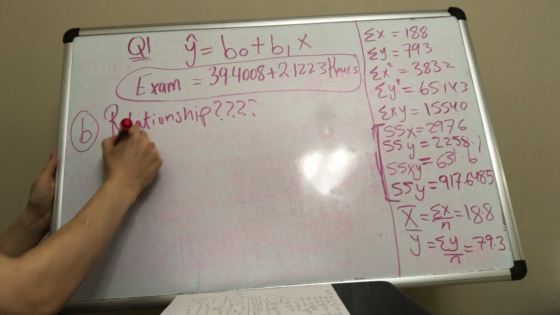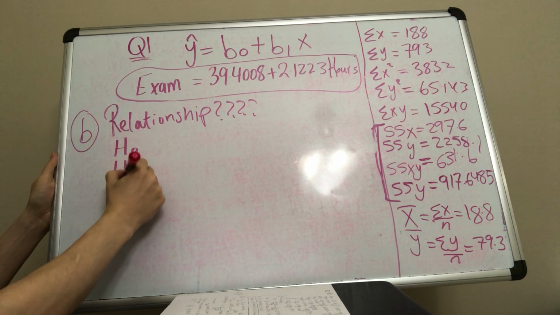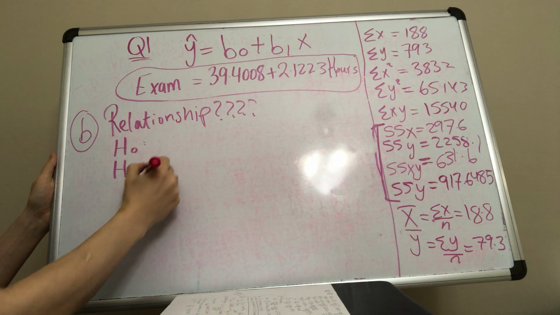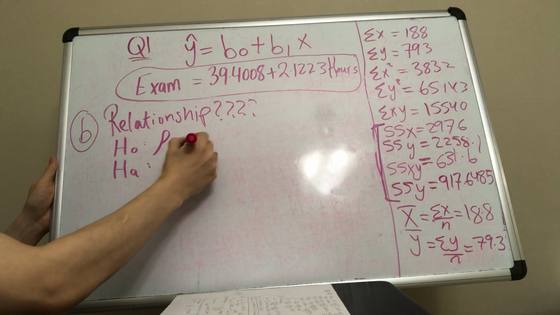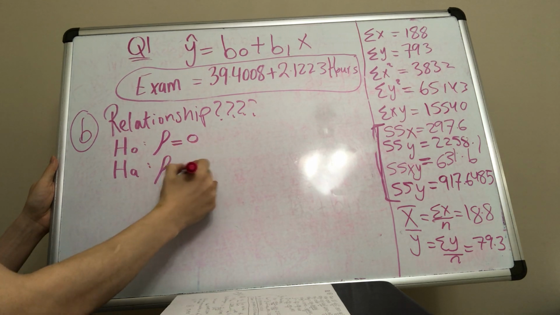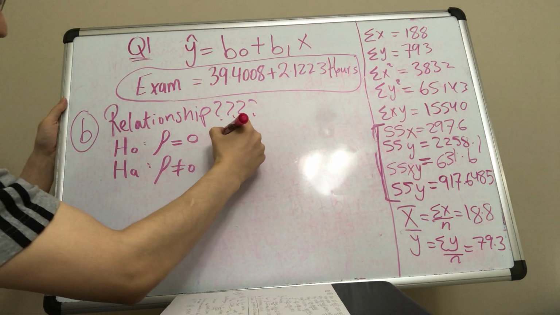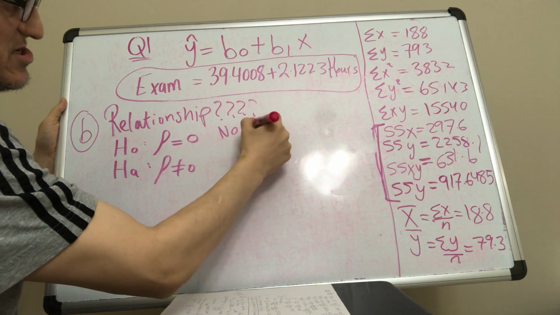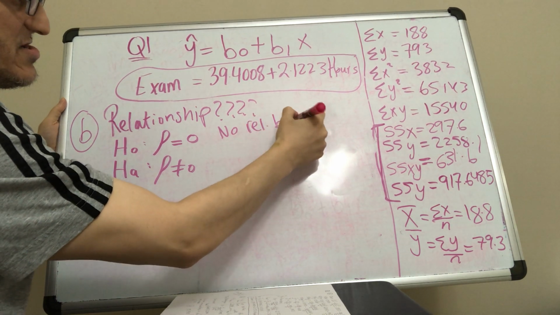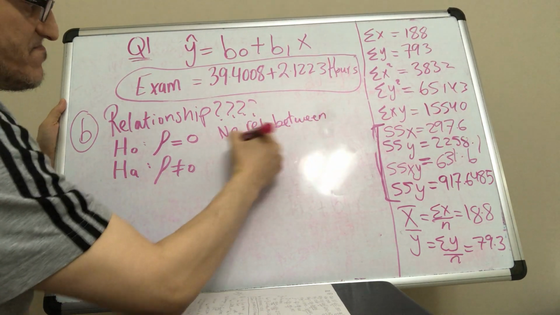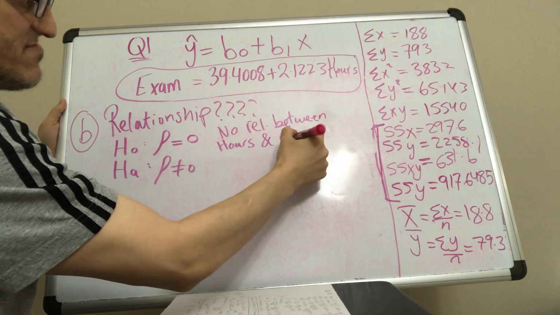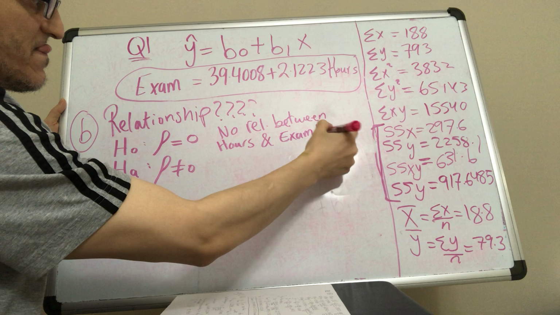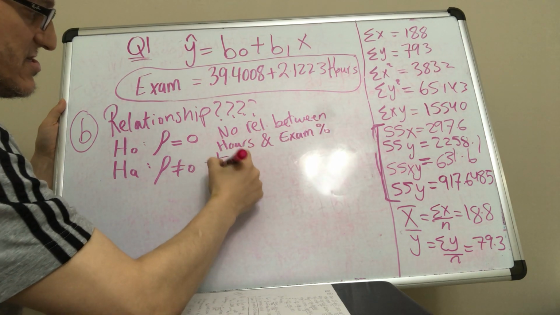So what we do is we put H0, HA. In terms of symbols, we say rho equals 0, not equal 0. This means no relation between hours and exam percentage, and this means there is.